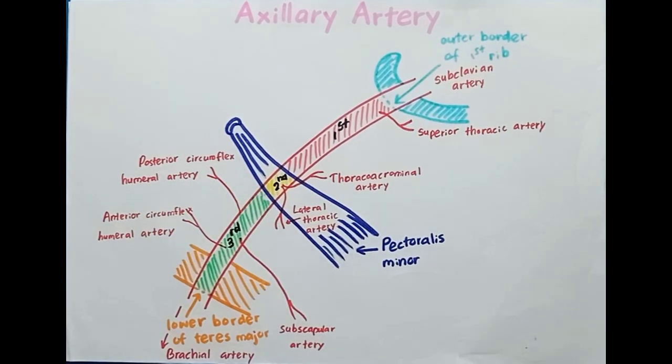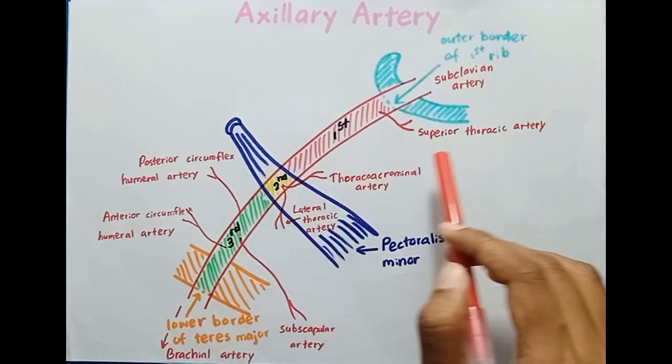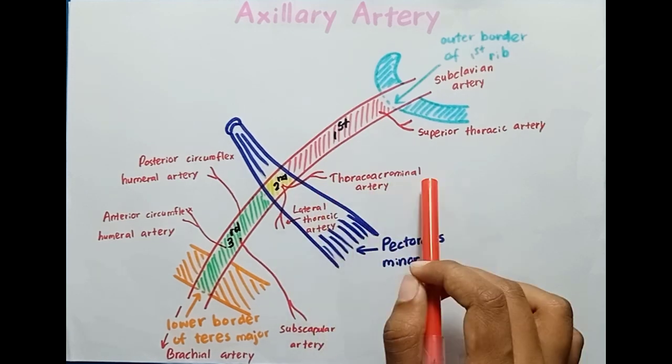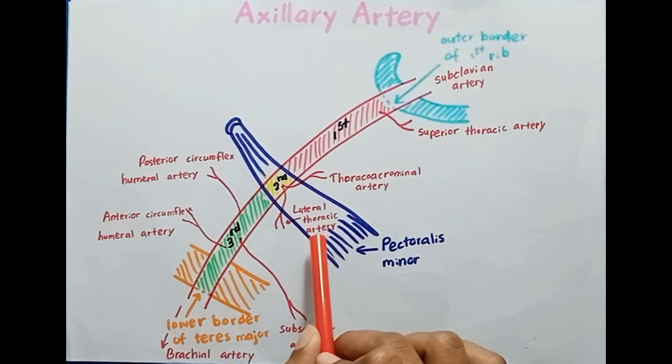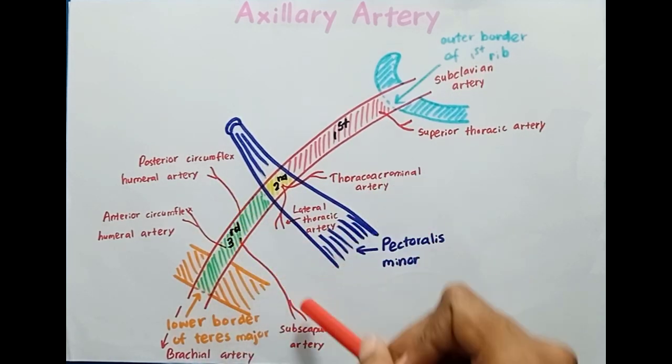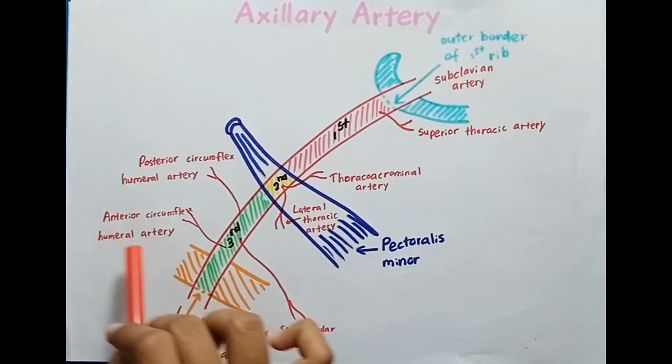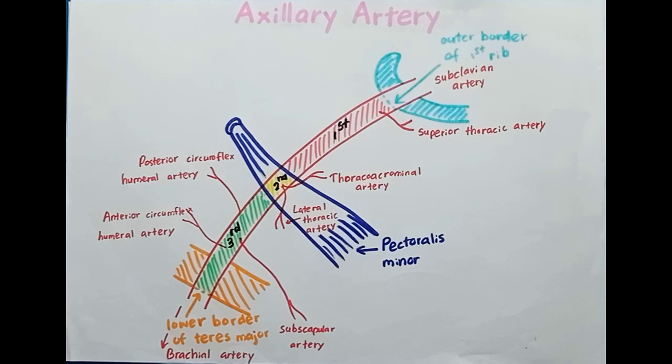So these are the branches that arise from the axillary artery. From the first part, the superior thoracic artery; from the second part, the thoracoacromial and lateral thoracic arteries; from the third part, the subscapular, posterior circumflex humeral and anterior circumflex humeral arteries.